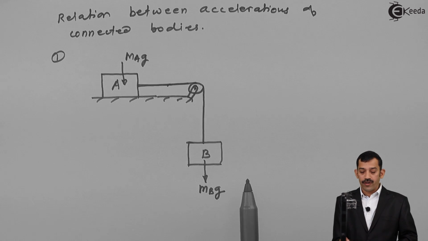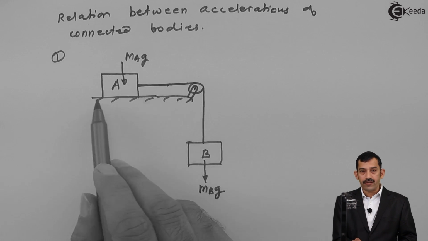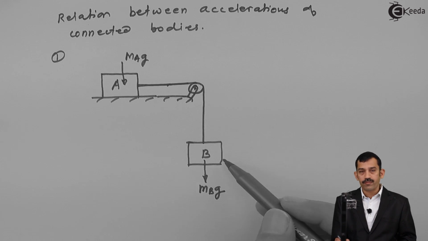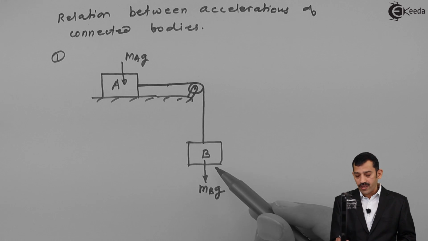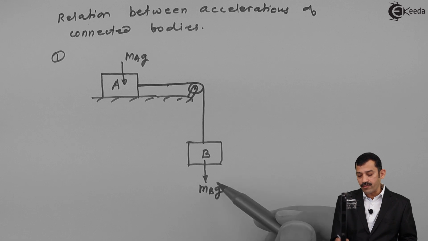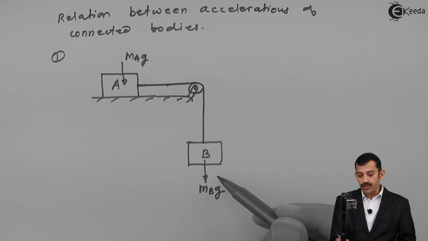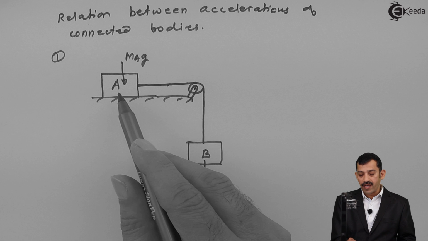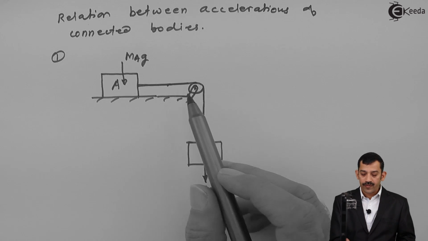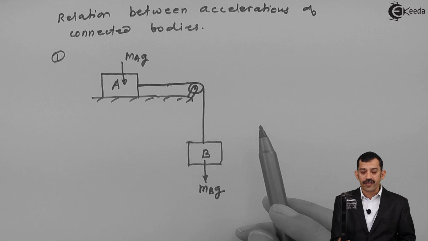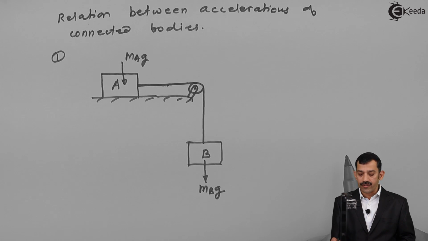Actually motion of block A is possible in a horizontal direction and motion of block B is possible in vertical direction. As weight of block B is acting in vertically downward direction and due to mA or weight of block A will not get any force in this string because this is vertical and string is horizontal.